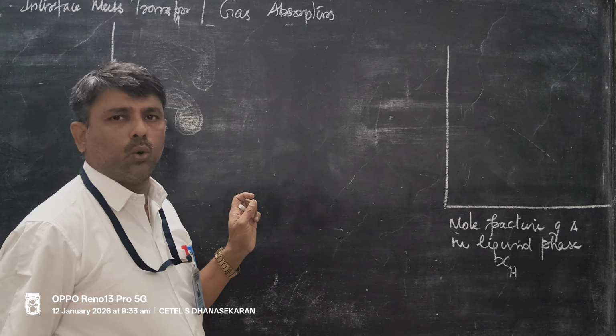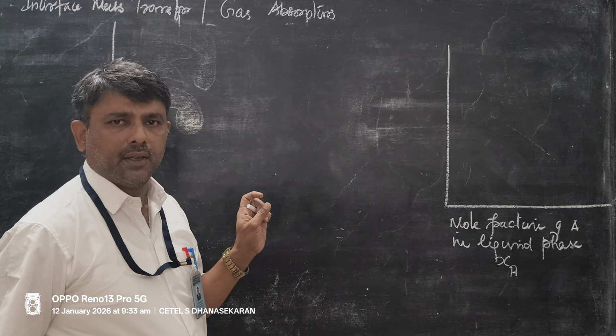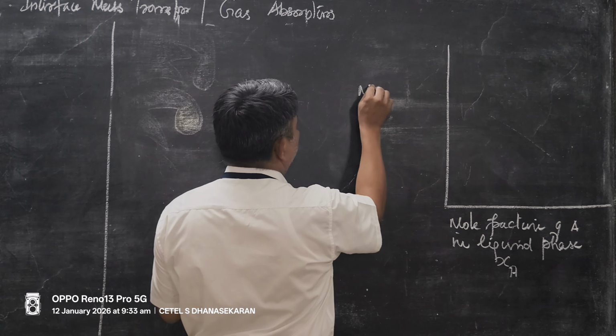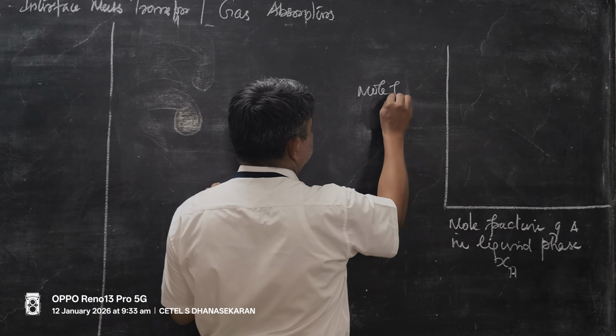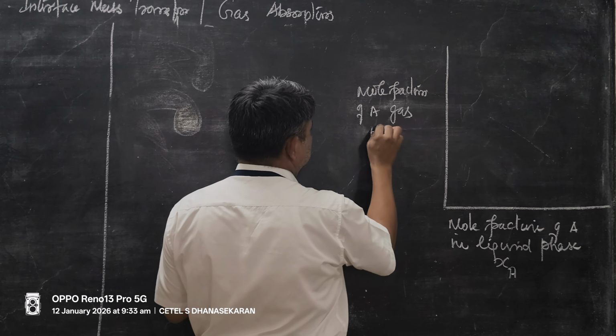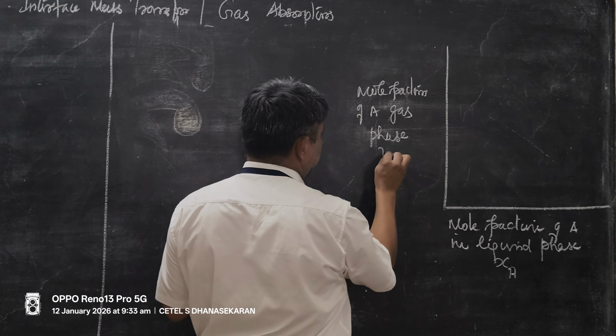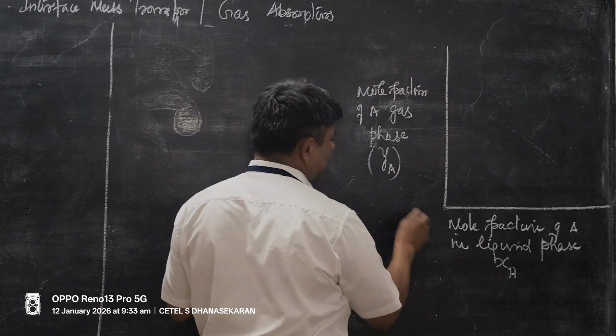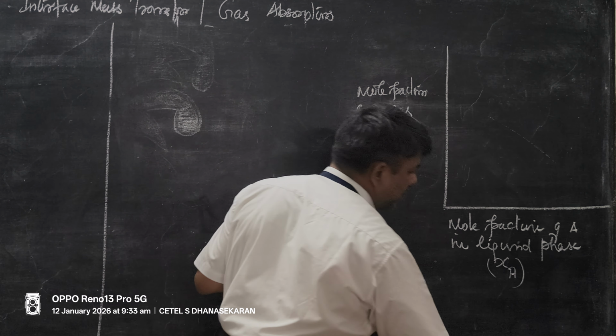On the y-axis, the mole fraction of A in the gas phase, the notation is YA. YA stands for mole fraction of A in the gas phase, XA for mole fraction of A in the liquid phase.